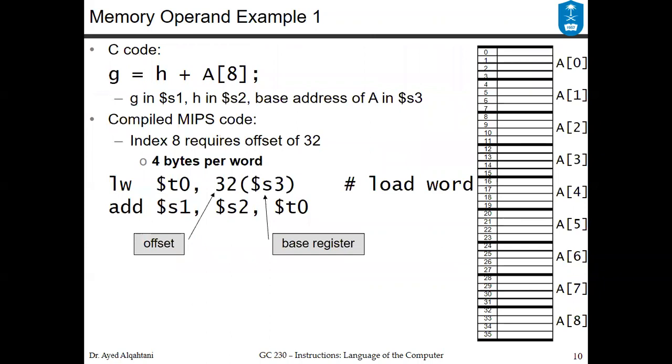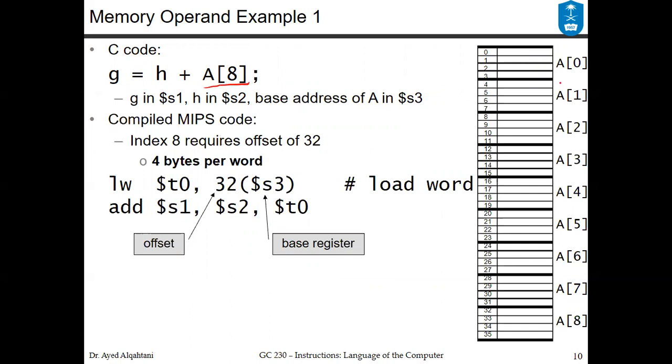Now, we mentioned that we have a word, and when we say a word, it's 32 bits. Here, if we have this C code, where G is equal to H plus A of 8, we have an array.